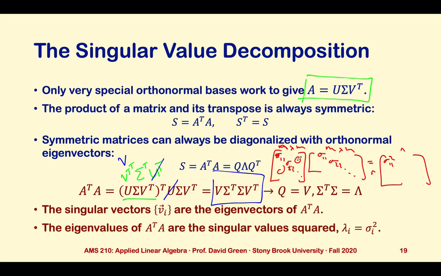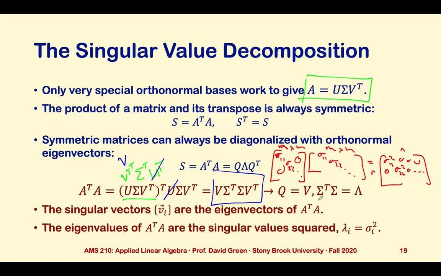All of the other products of the first row with anything other than the first column are going to give us zeros. The second row multiplied by the first column will give us a 0. The second row with the second column will give us sigma 2 squared, and the second row with all of the other columns will give us zeros.